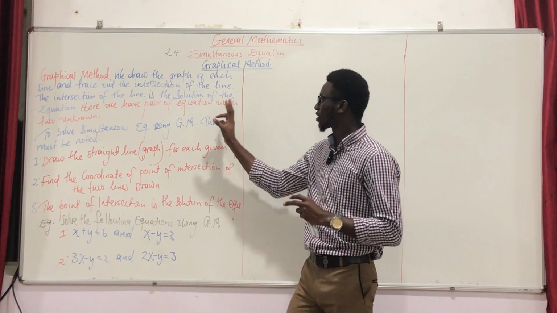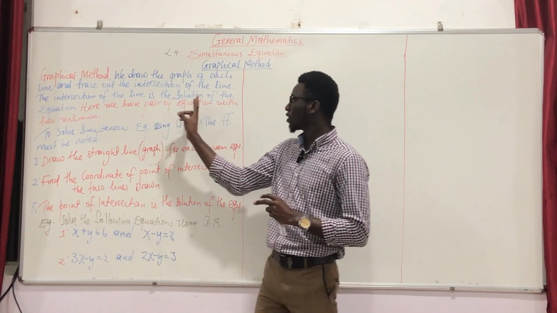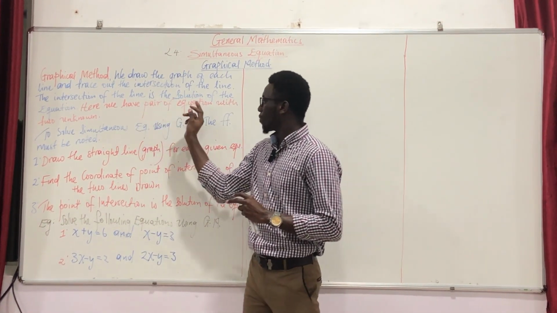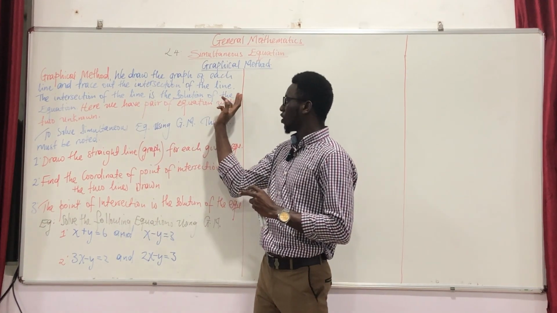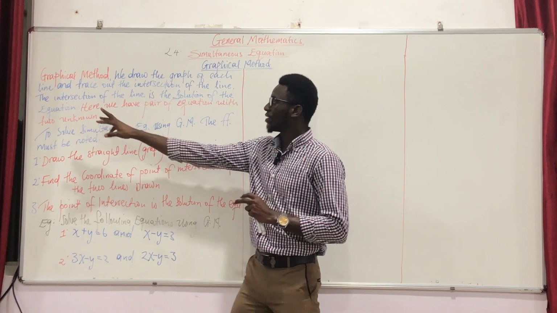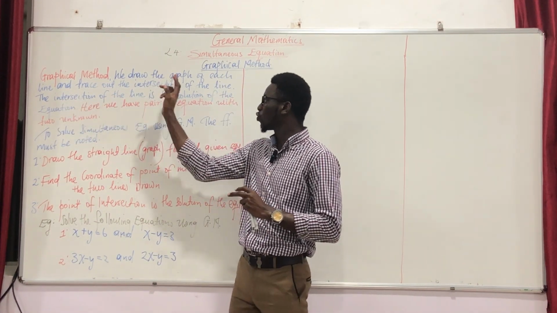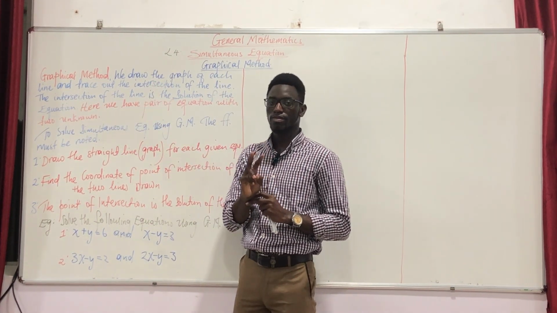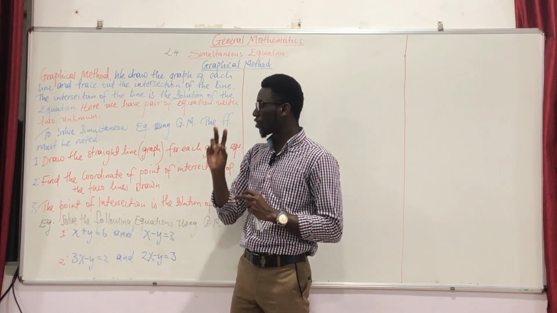But you must have two unknowns. Based on these two unknowns, we plot our graph. When we plot our graph, the intersection of these two lines is the solution of the equation.